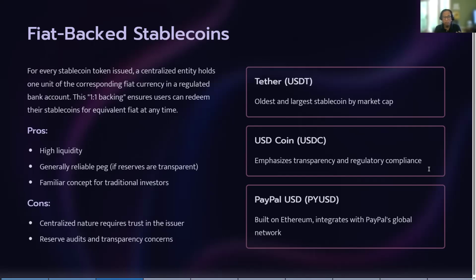There is no confusion as with algorithmic-based or crypto-based stable coins. If you have one US-based stable coin, that means you have $1 worth of the stable coin. That's pretty much it. And then the con is the centralized nature, which requires trust in the issuer. Again, we'll talk about what the law says.